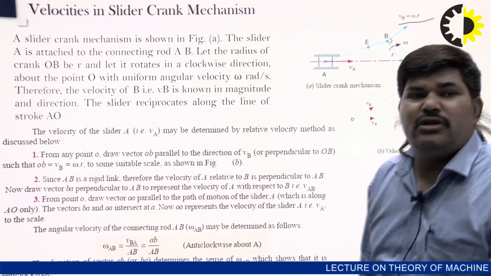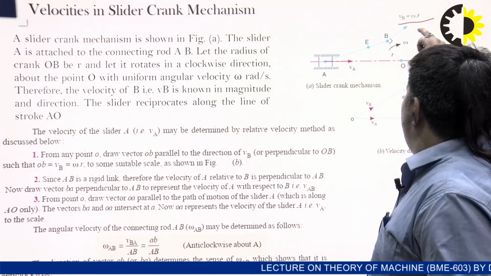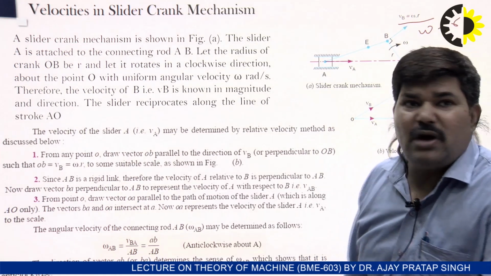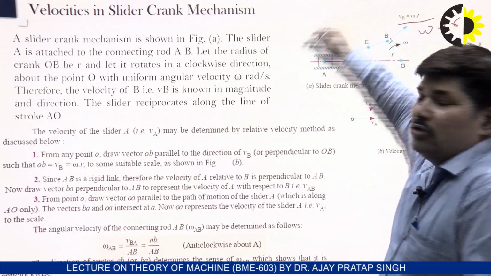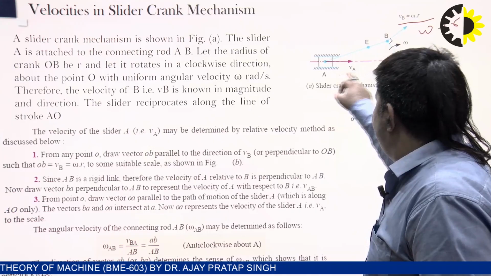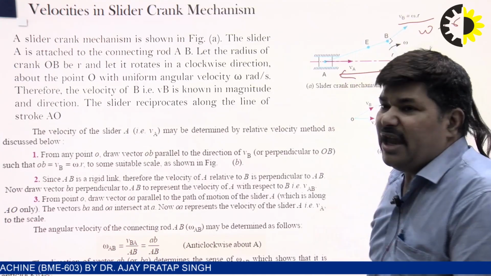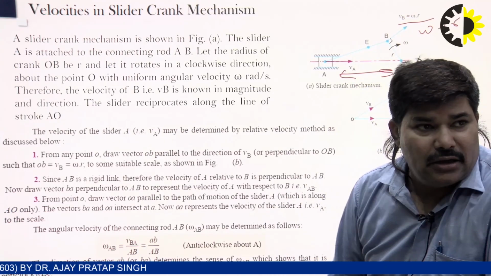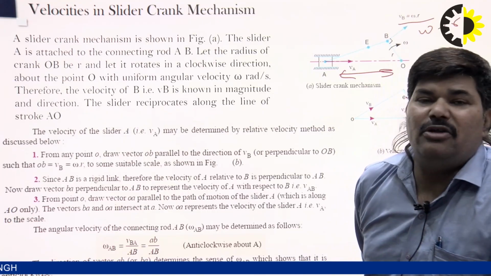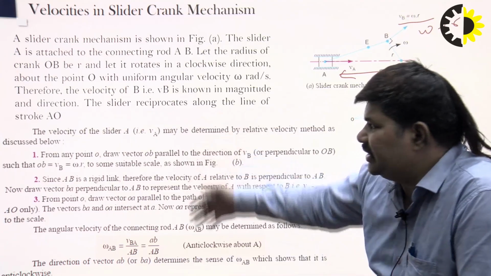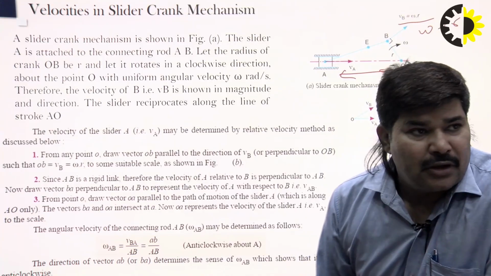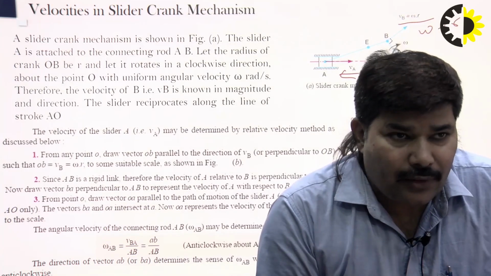So omega into R, you can find out the velocity of B with respect to O. And this slider moves between A and O, right? So the velocity of slider A may be determined by the relative velocity method, and we'll discuss here one by one. So how to find out the velocity of slider A?